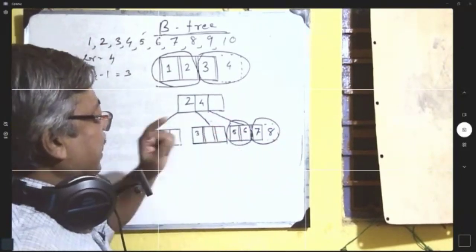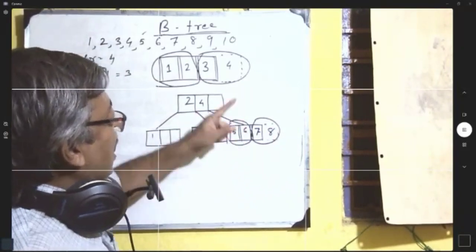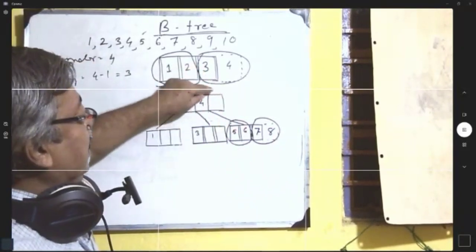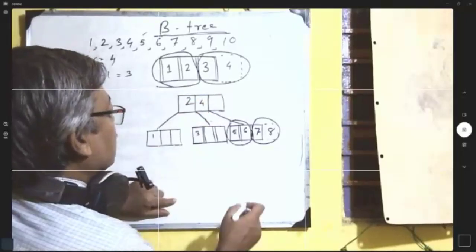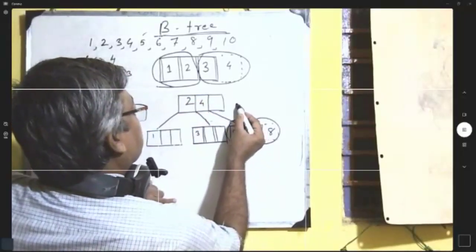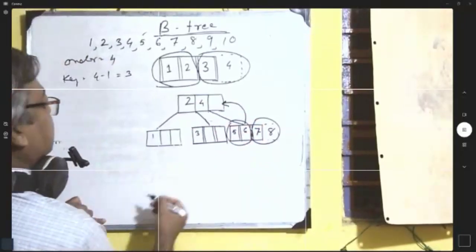So 6 will be uplifted, which means it will be adjusted at the position of the 4. So 6 goes to this position, and the next figure is there.